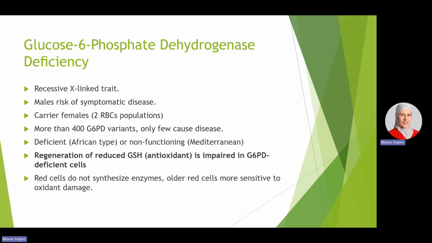What's the function of the glucose 6-phosphate dehydrogenase enzyme? It is to regenerate the reduced form of glutathione, GSH, which is considered an antioxidant. This process is impaired in patients with G6PD deficient cells.